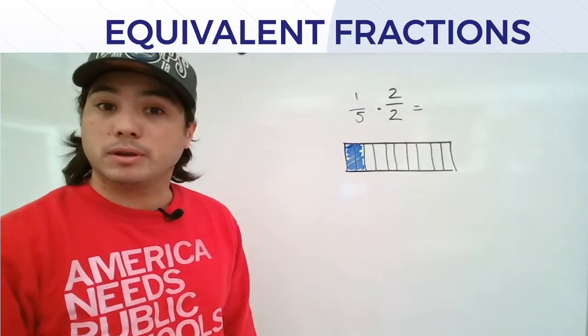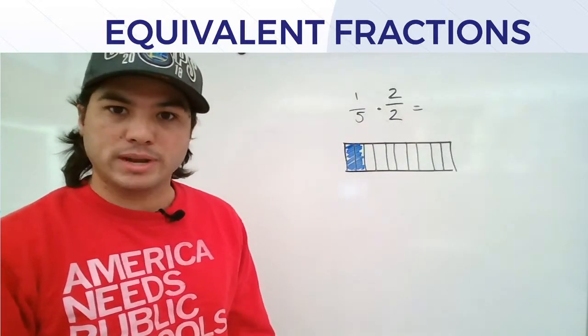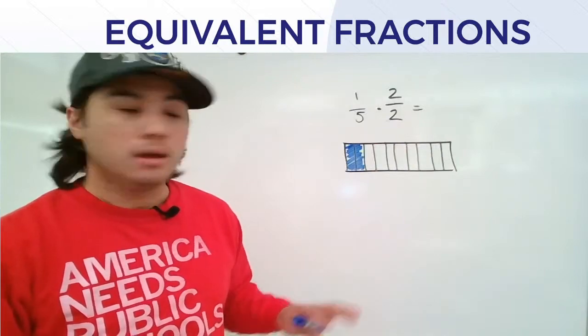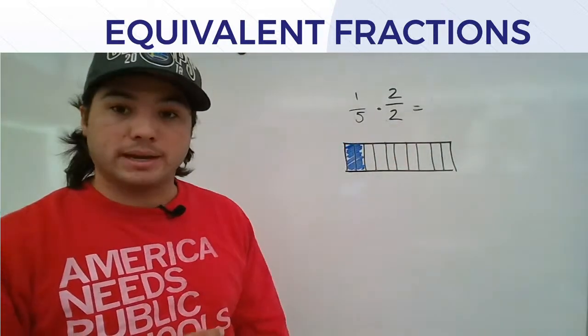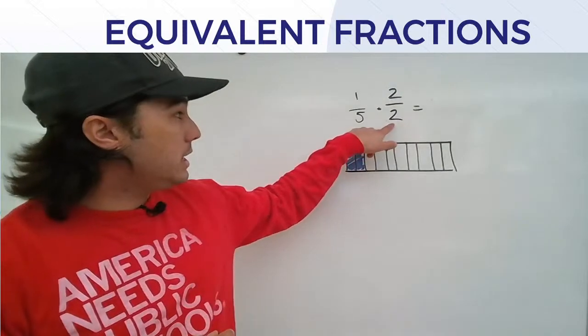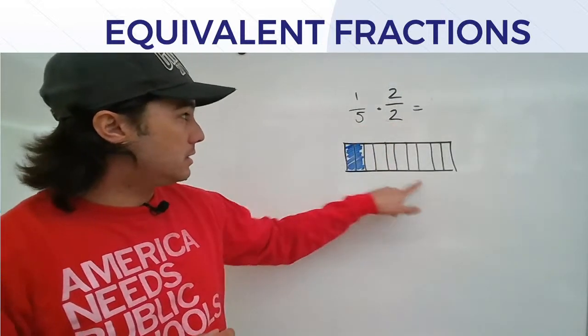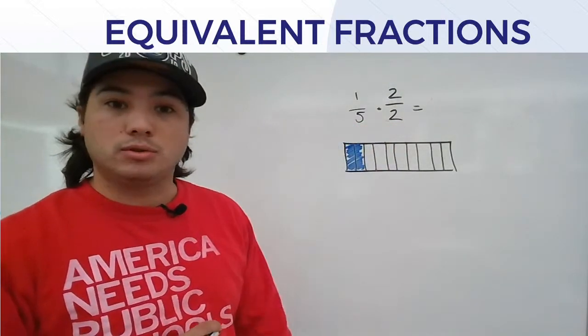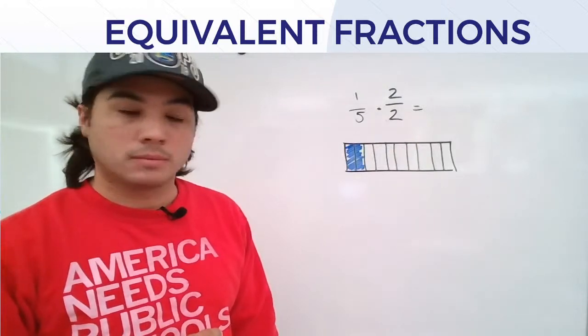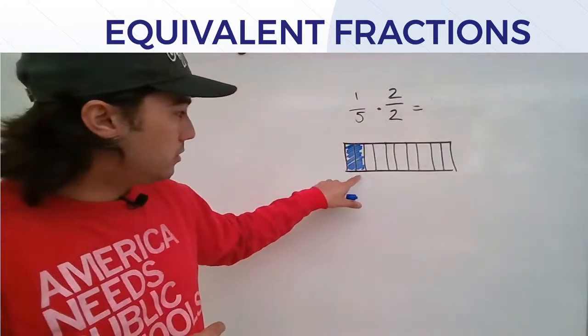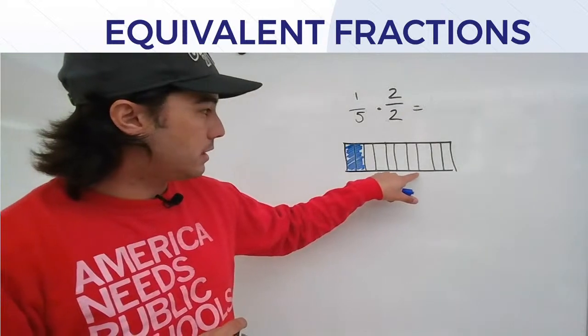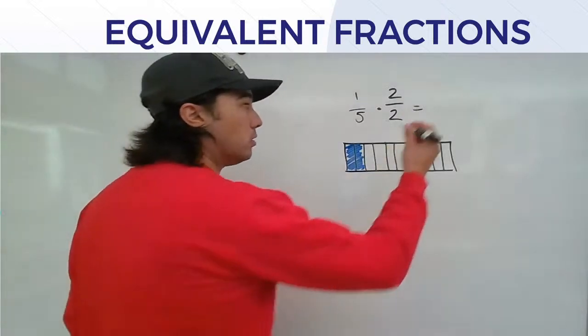If we were multiplying it by 1/2 or 3/2, it would look really different. But all we're doing when we're multiplying by an equivalent of 1 is we are cutting each of our pieces, each of our fifths, into 2 equal pieces. So then we end up with 1, 2, 3, 4, 5, 6, 7, 8, 9, 10 pieces total.